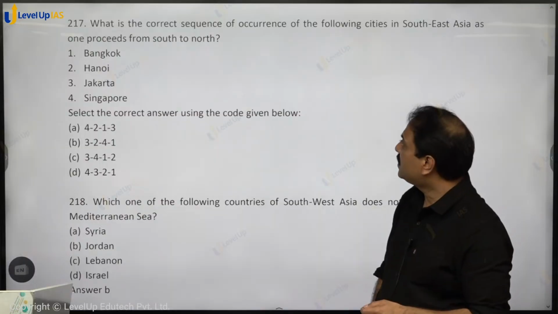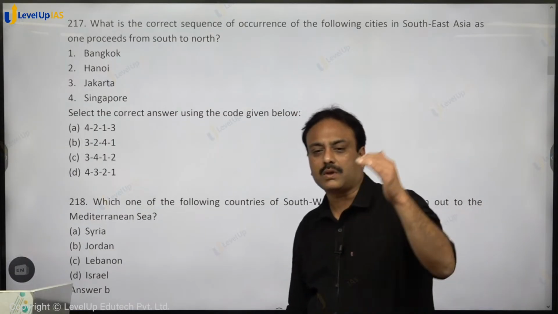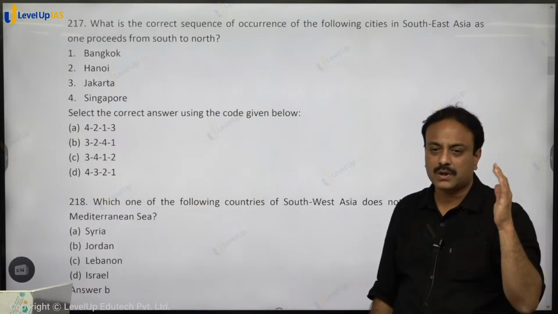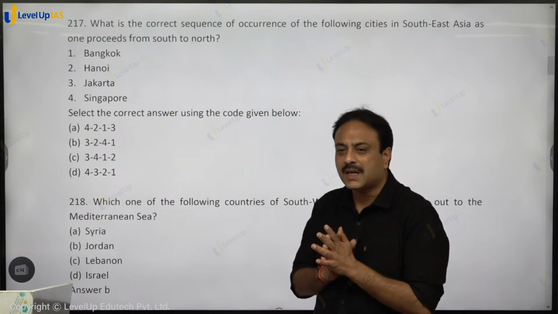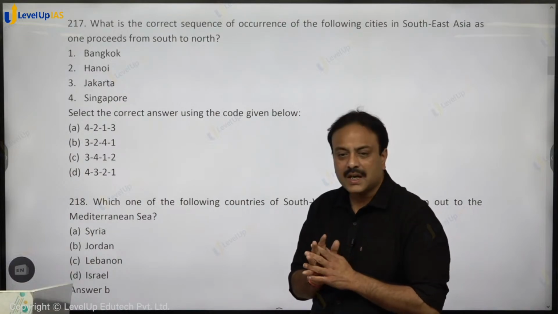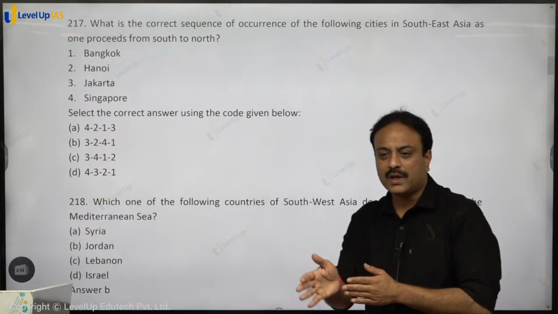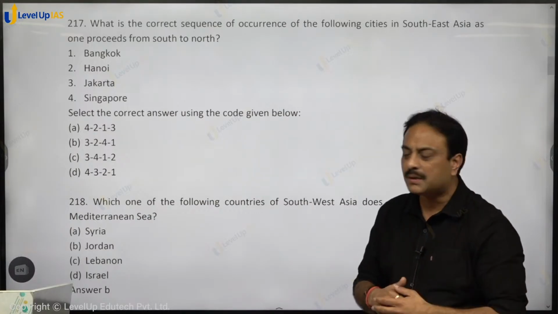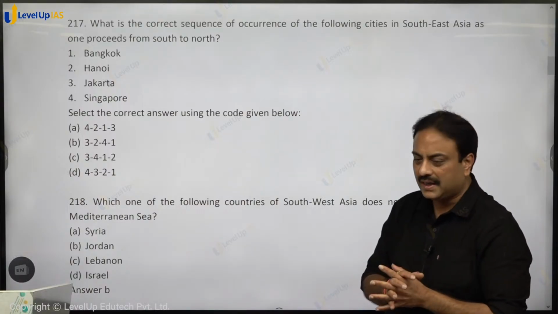What is the correct sequence of occurrence of the following cities in Southeast Asia as one proceeds from south to north? So if you are proceeding from south to north, what is the sequence? Bangkok is the capital of Thailand. Hanoi is the capital of Vietnam. Jakarta is for Indonesia, old capital, new capital, they are shifting to Borneo Island someplace. Singapore is itself a country and a capital, right?